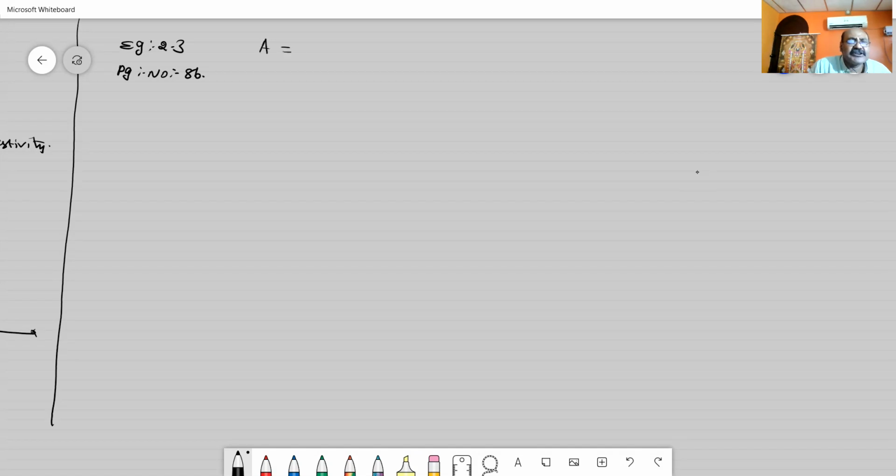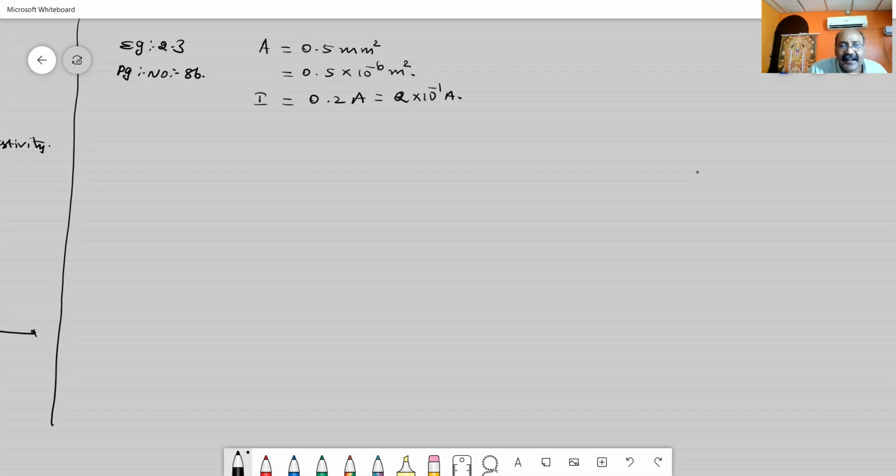The area of cross-section is given as 0.5 millimeter square. Converting to the standard unit, 0.5 into 10 to the power of minus 6 meter square, since millimeter to meter is 10 power minus 3, and millimeter square is 10 power minus 6. It carries a current of 0.2 ampere, I is equal to 2 into 10 to the power of minus 1 ampere.